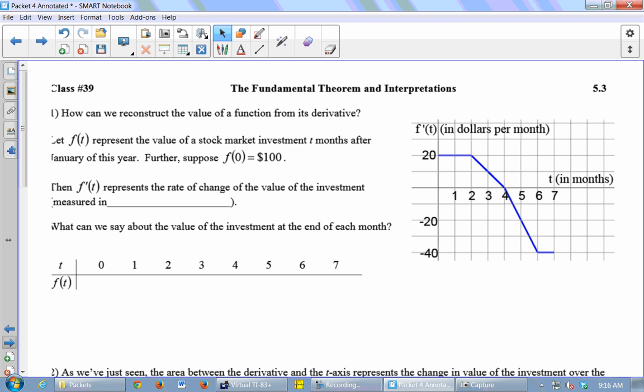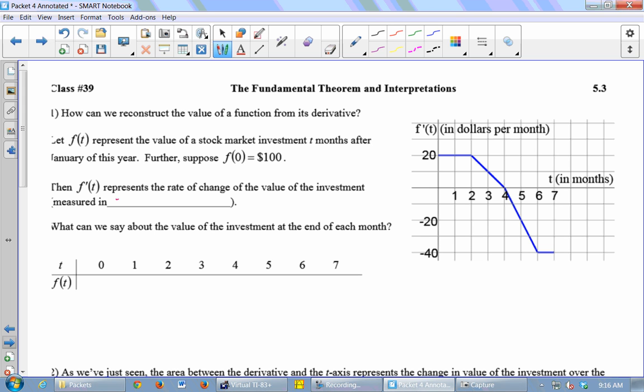All right, so then f prime of t represents the rate of change of the value in the investment, and what are its units? Dollars per month. Yeah. So remember, derivative units are y units over x units, right? Because a derivative is the slope of a tangent line, and the tangent line is change in y over change in x.